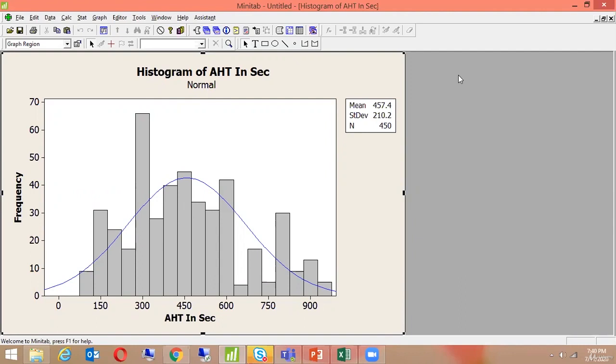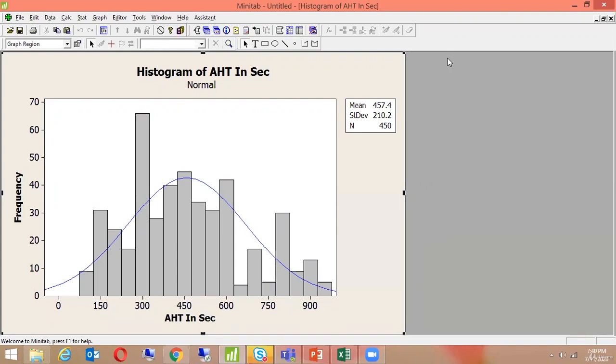Histogram. You can look at any of the data that you have. It requires only single-variable data. You don't need multiple variables, and you want to know which bucket that particular data lies in and which one to focus on. So that is the histogram that we talk about.